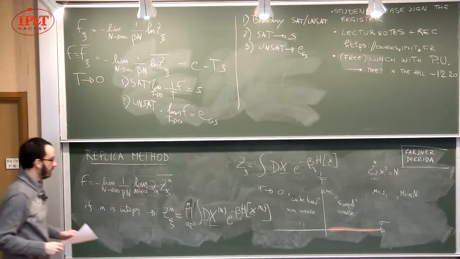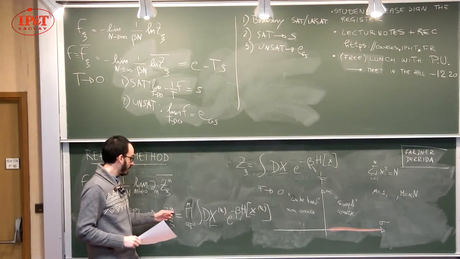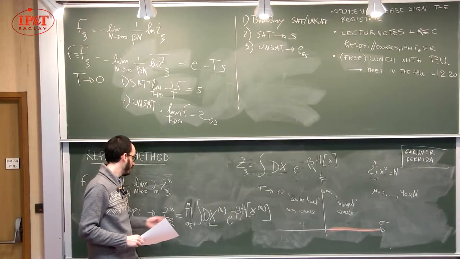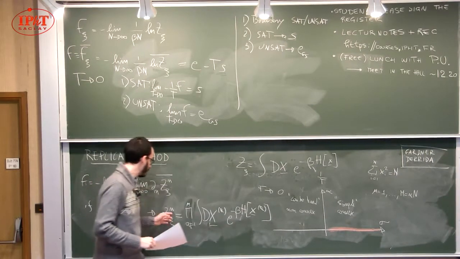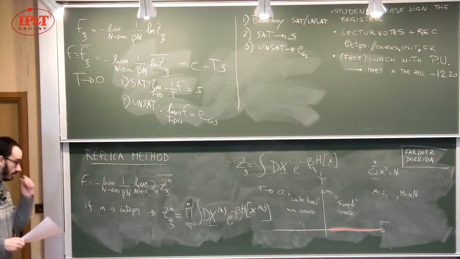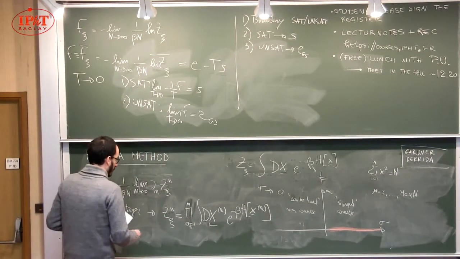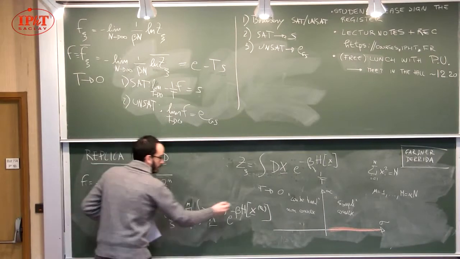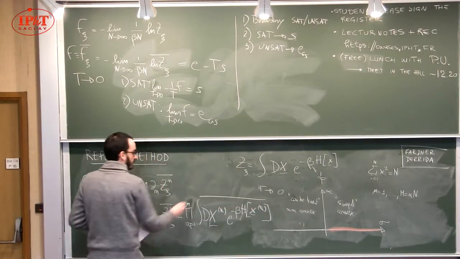So if n is an integer, then I can rewrite this power in this way, and then I have to take the average over the disorder.